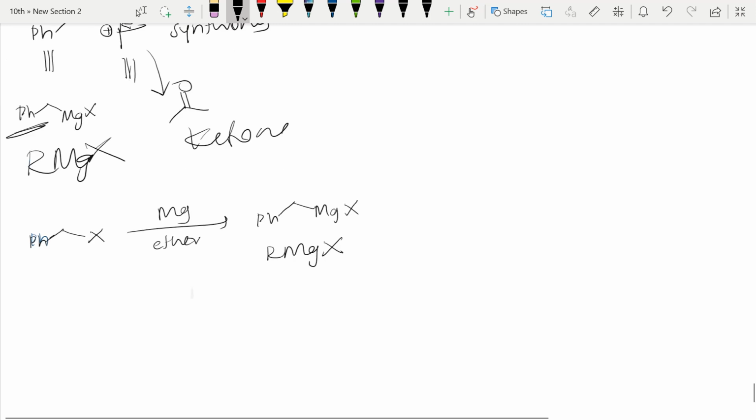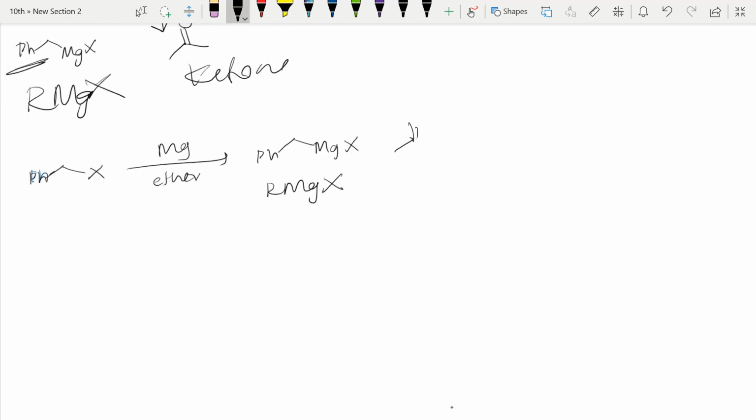To that I will add this ketone. In a Grignard reagent, magnesium has the positive charge and this R has the negative charge. So this is a strong nucleophile. It will attack this hard electrophilic site, as it is a hard nucleophile. Strong nucleophile or hard nucleophile, both are the same.